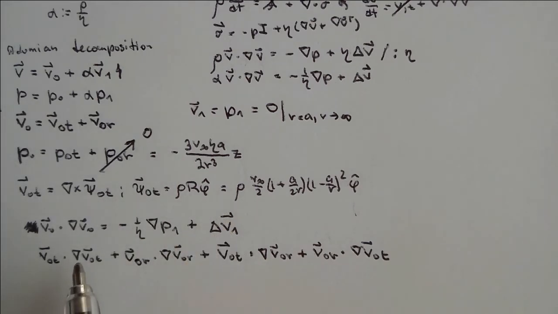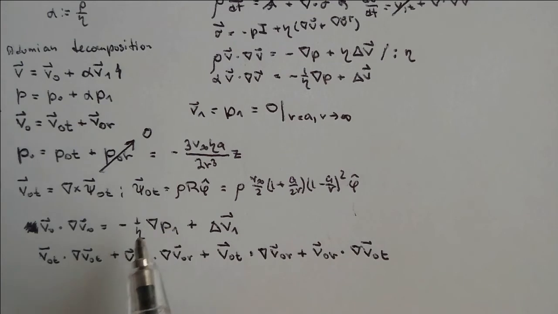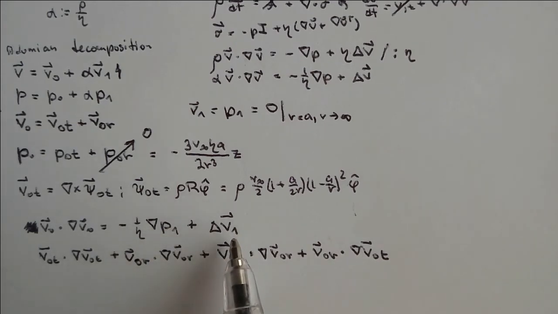You can immediately see that this equation is linear in the unknown function, so we can superpose the solution for the pressure and for the velocity field as a sum of independent solutions.